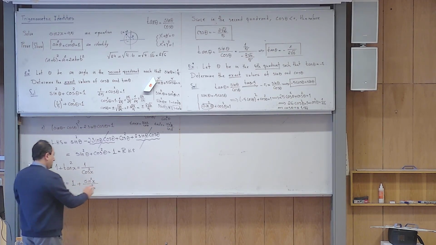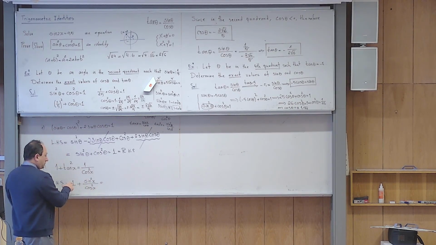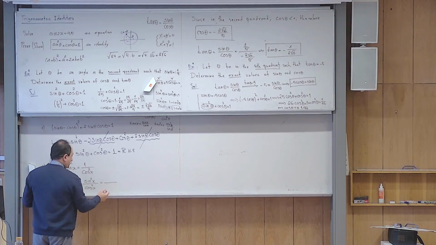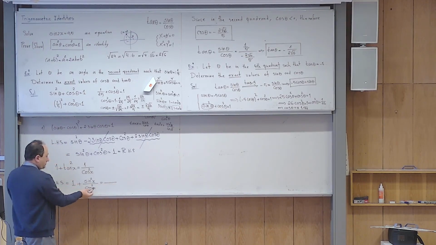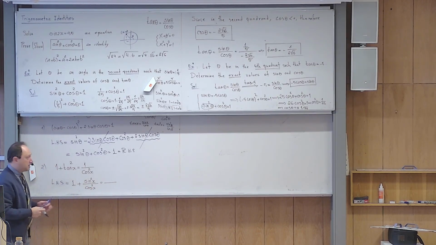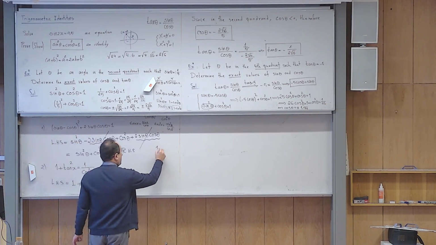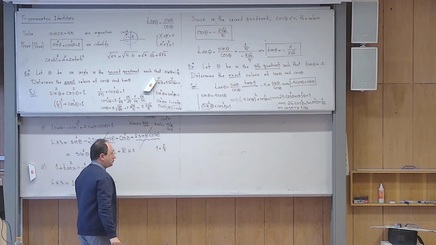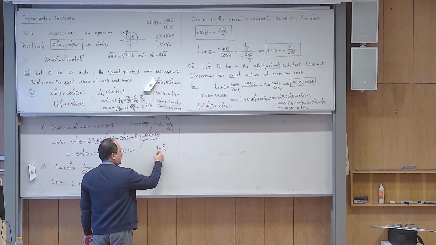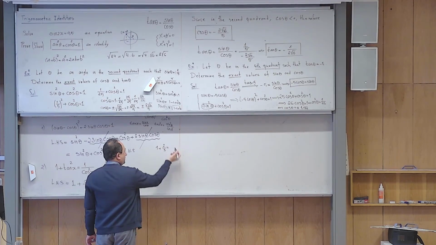So instead of 1, you write it in a way that you see this denominator appears here. For example, if I ask you add 1 to 2 over 3, what do you do? Instead of 1, you write 3 over 3, and then plus 2 over 3.